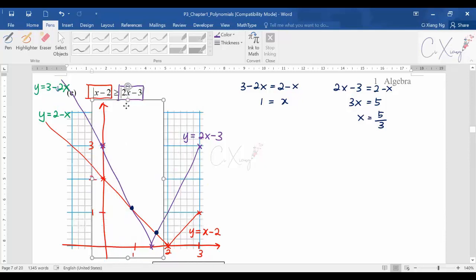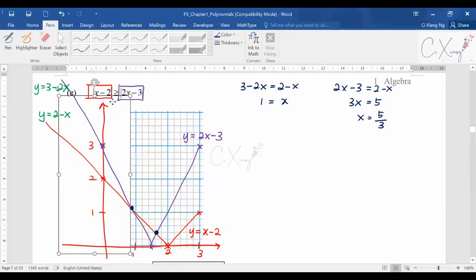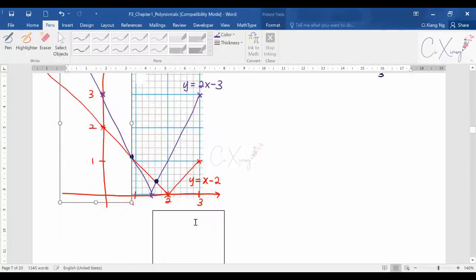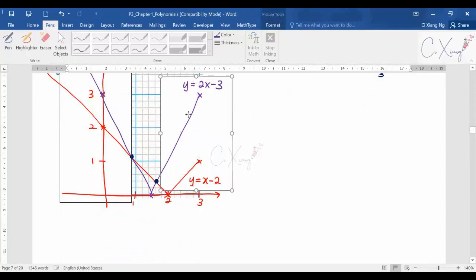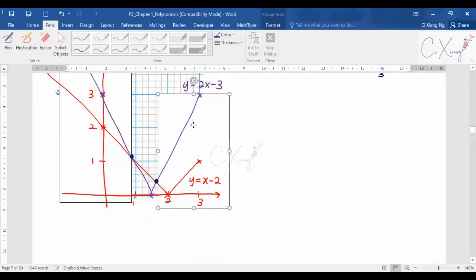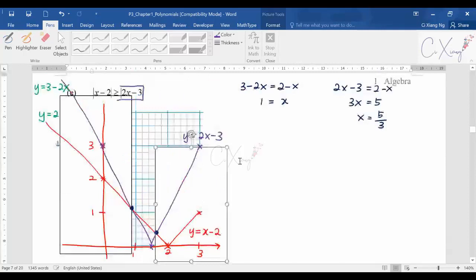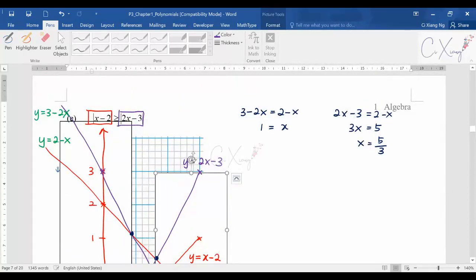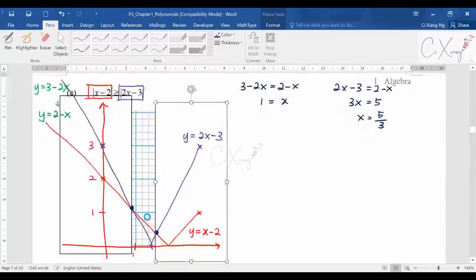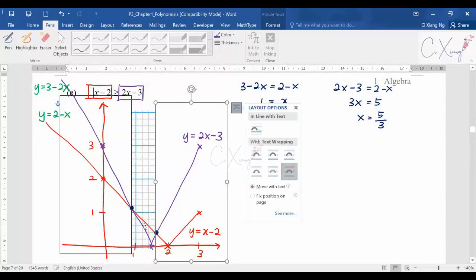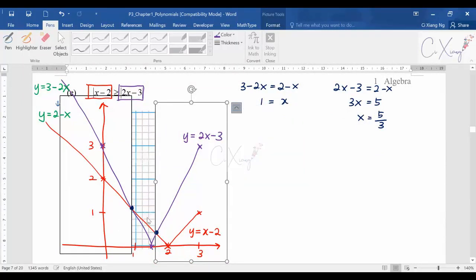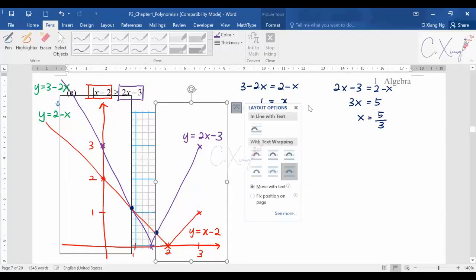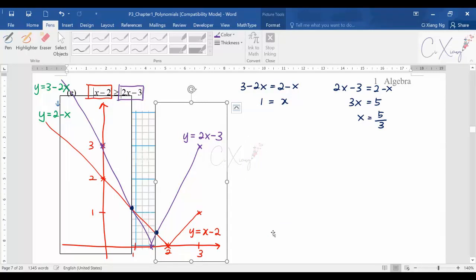Then after that, I check the second part. For the second part, I cover the left-hand side and also the right-hand side of the graph, covering the intersection points. So the second part is quite small, only this part. If you look at this part, you will see that the red color is on top of the purple color.